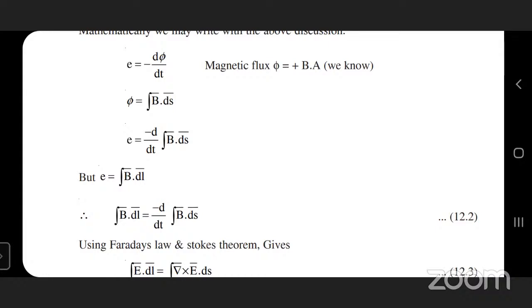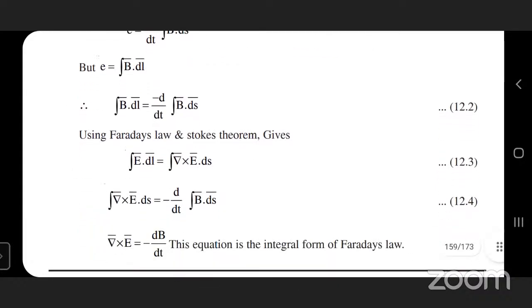The left hand side has a line integral, and the right hand side contains a surface integral. To change the line integral into a surface integral, from vector analysis we consider Stokes' theorem, which allows us to convert the line integral into a surface integral. So the line integral of E dot dl equals the surface integral of curl E, that is del cross E, dot ds. Substituting in the above equation, the surface integral of curl E dot ds equals minus d by dt of the surface integral of B dot ds.